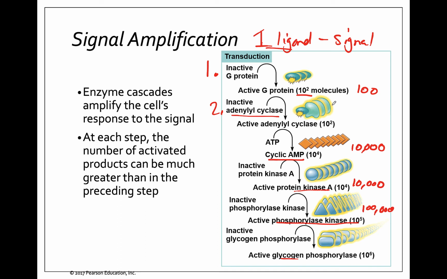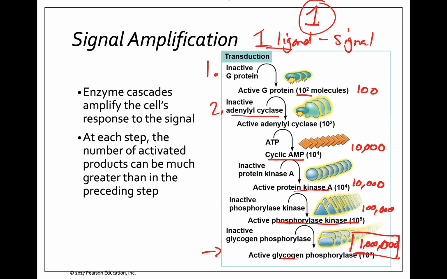Each one of those is going to activate another 10, so we end up with 10 to the 6, which is 1,000,000 active glycogen phosphorylases. And again, you don't have to remember the name of these molecules. The point here is that we started with one signal coming from the blood, getting to the cell, and we ended up with 1,000,000 molecules involved inside of the cell in the response.